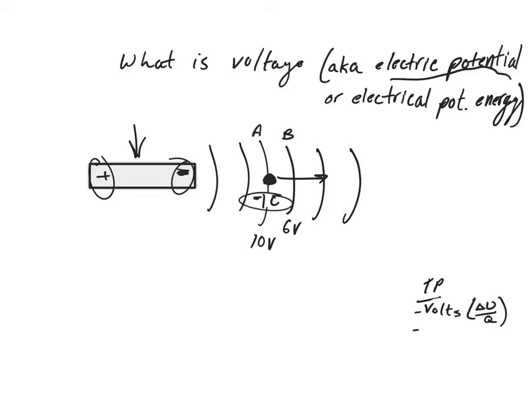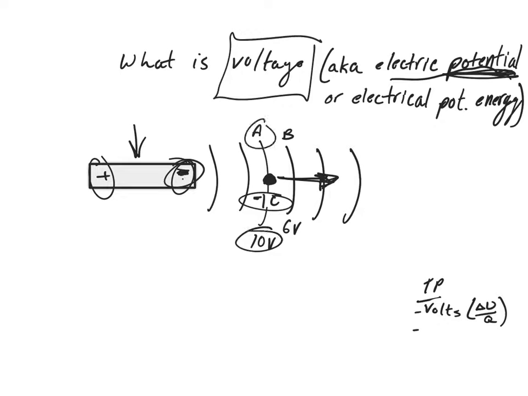Meaning the negative 1 coulomb charge wants to be pushed this way by the negative end of the bar magnet. It has the potential to be pushed that way. That is known as your voltage, the difference from location A to location B, or the difference of 10 volts of electrical potential to 6 volts of electrical potential on that 1 coulomb charge.